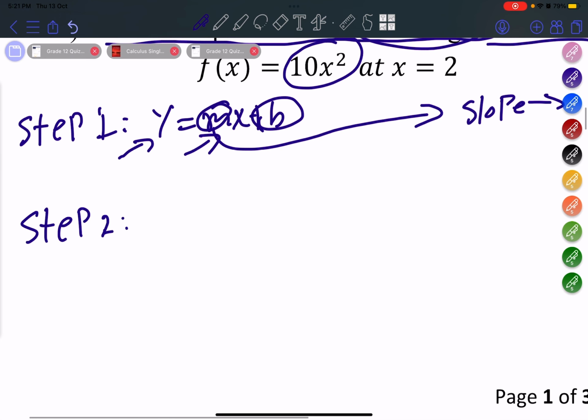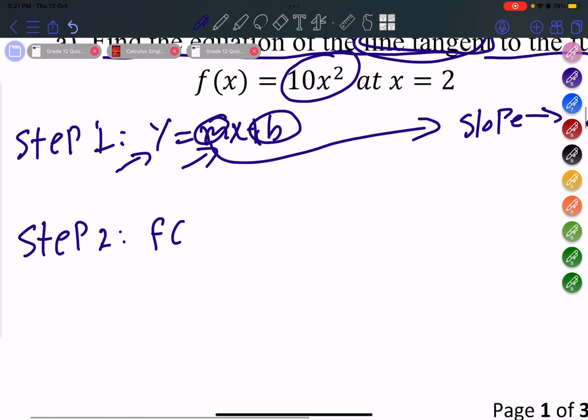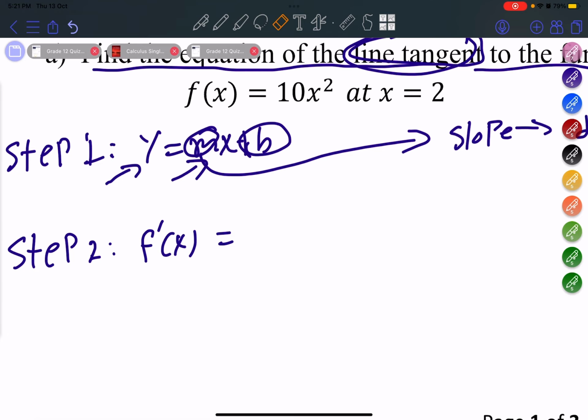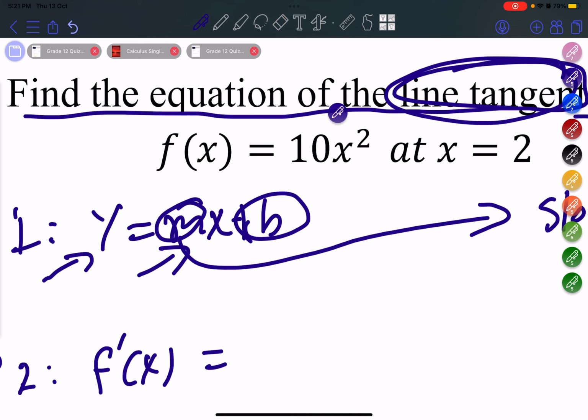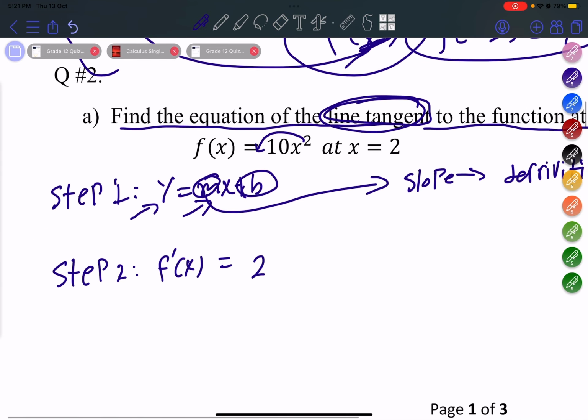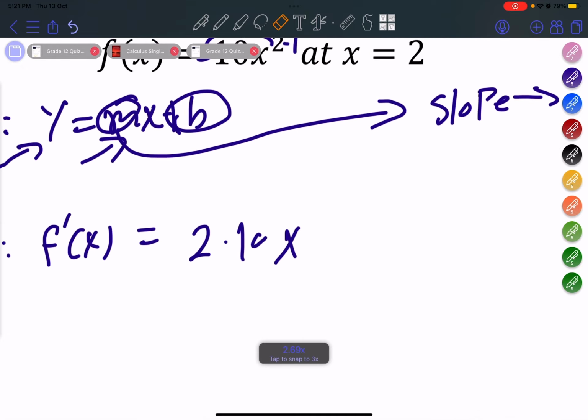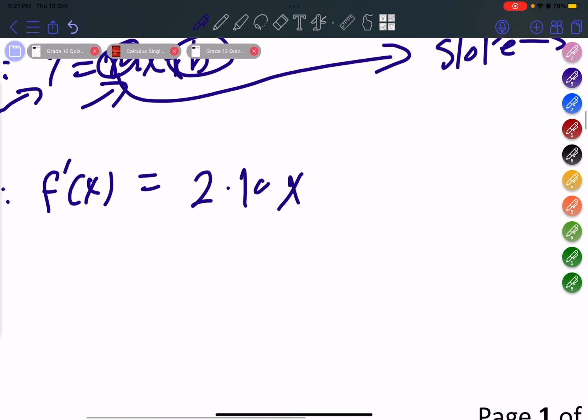So for the second step, we will get m, and in this case it will be f prime of x equals, now to get the derivative of 10x squared, we put the 2 in the front, so it becomes 2 times 10x, and then minus 1 from the power 2, so it becomes x to the power 1, which is the same as just x.